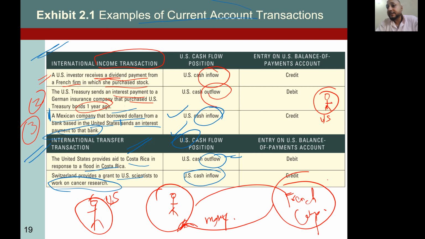And the last one is international transfer, which is mostly for unforeseeable events or some kind of gifts or aids. So you already know how these are going to be treated, whether inflow or outflow. The trick is you need to mark yourself where you are, which perspective you are talking about, which position you are explaining the inflow or outflow, right?